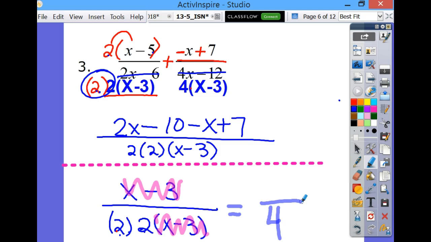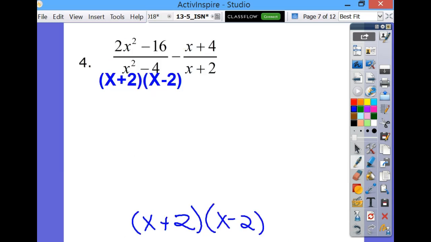This 4 is in the denominator, so your answer 4 is in the denominator. Some people let those crawl out of the denominator. The 4 is in the denominator. Over here, you do know where I got 4. 2 times 2 is 4. And so the 4 is in the denominator over here.